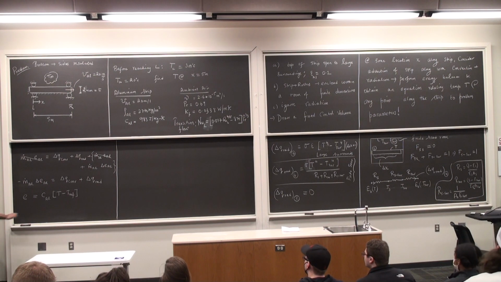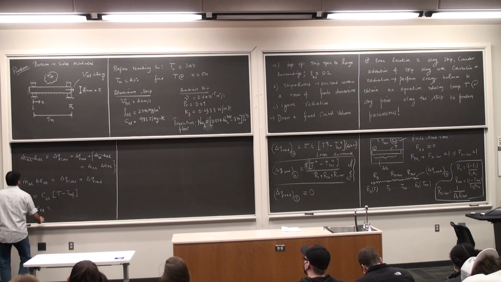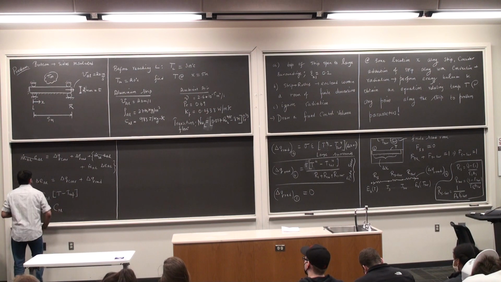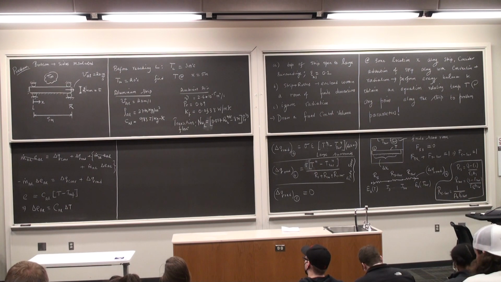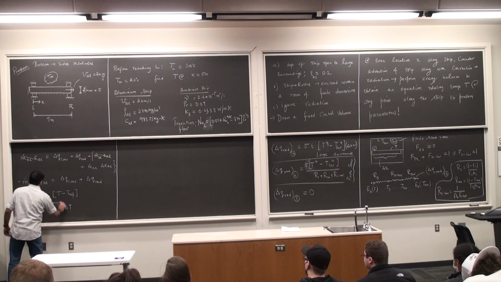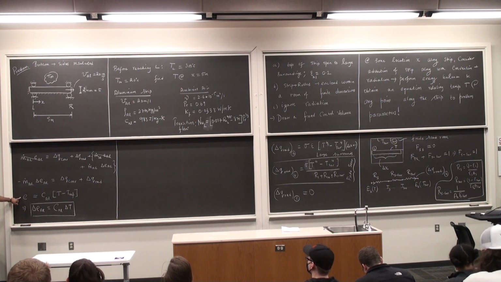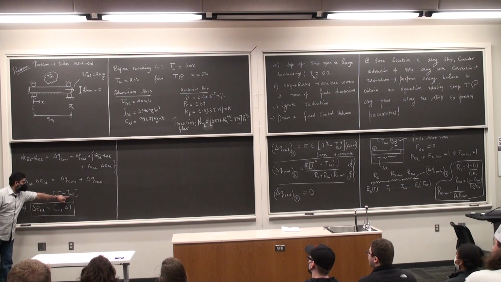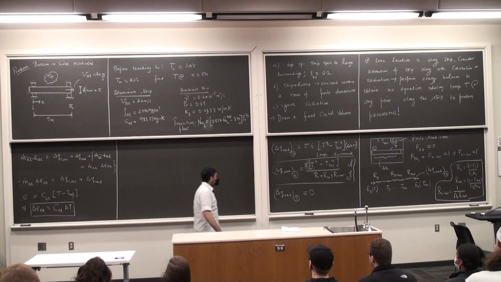So delta E AL is just going to be C AL times delta T. That reference temperature is essentially gone. Or you can think of differentiating this equation on both sides with respect to some variable, dx for example. If you do that, this is a constant reference temperature. It has no bearing on any of our calculations, at standard temperature and pressure and all these things that you would have seen in thermodynamics.